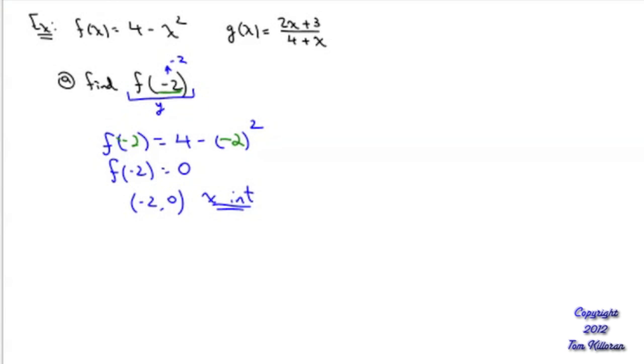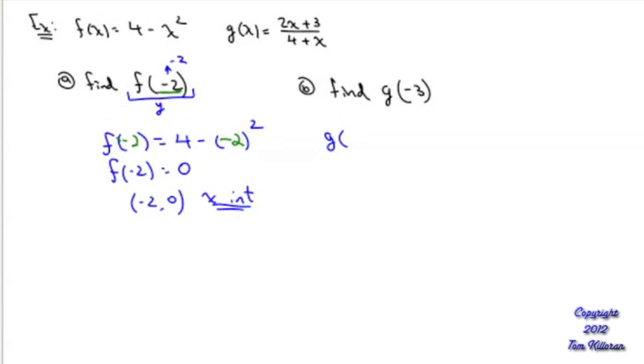All right, let's make it worse. Part B. Find g of -3. You have it up there, right? Yeah, g, right there. Find g of -3. George. Now we're looking at the George function. And the George function is a little bit more complex, but no big deal.